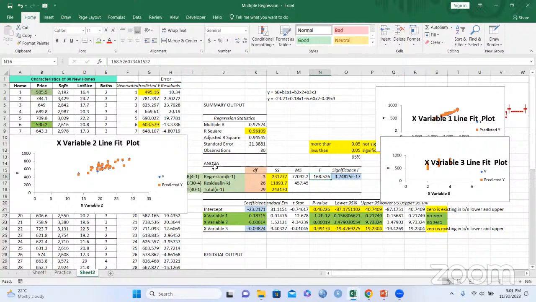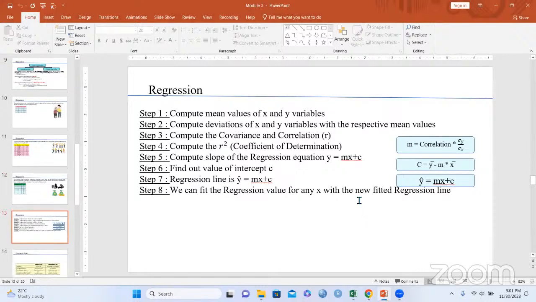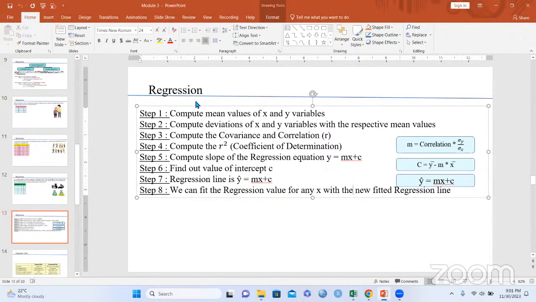Once you see the ANOVA problem properly, we'll come to know what exactly F is, because F is equal to the variance in the first variable divided by the variance in the second variable. We'll see that in the next class, along with t-test, ANOVA and some other things, probably tomorrow. I'll start with the basics of a t-test, and this is the procedure for regression.